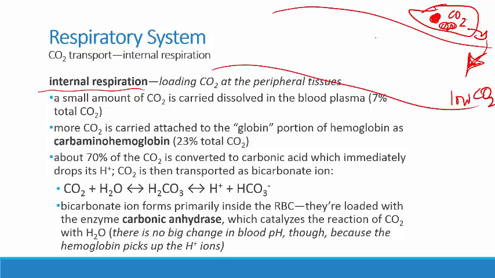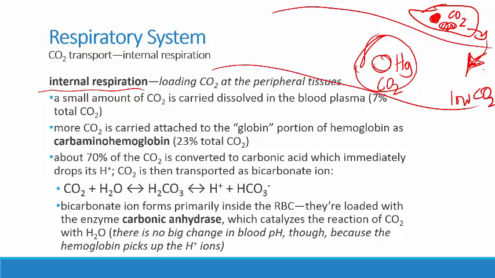More CO2 is carried here in the red blood cells. Again, hemoglobin is our friend. For every one of the globin molecules, it can carry a carbon dioxide with the hemoglobin that's inside the red blood cell.